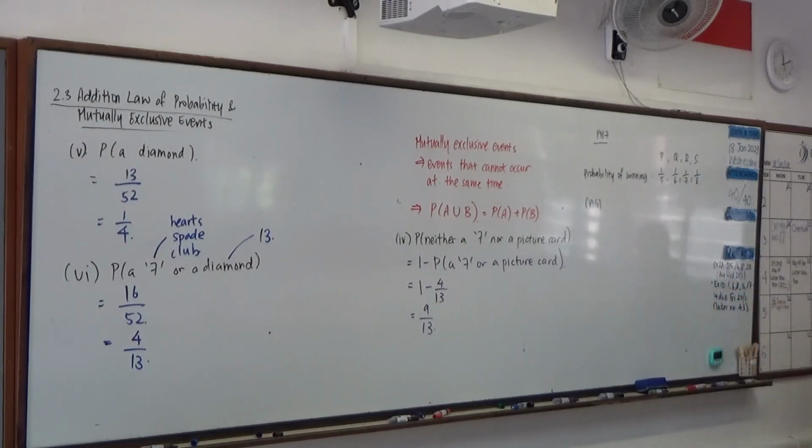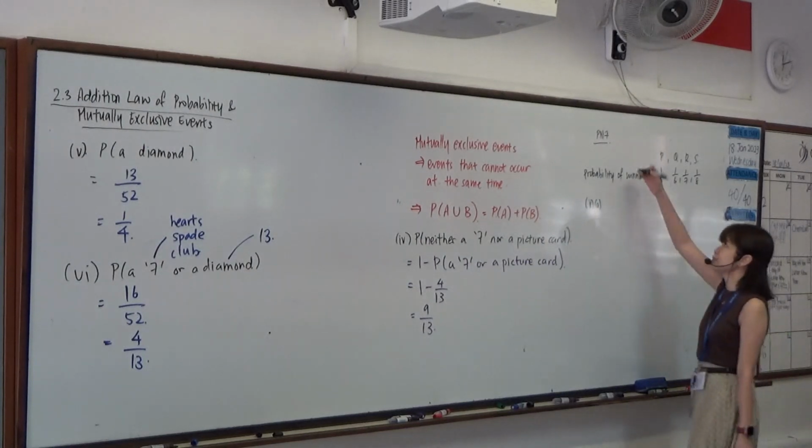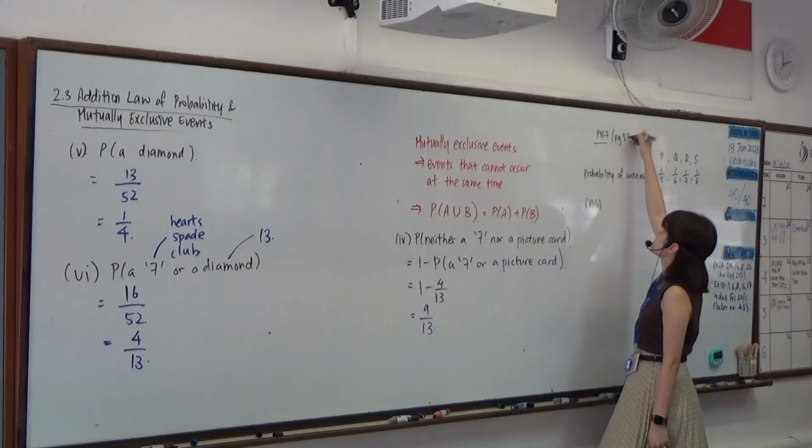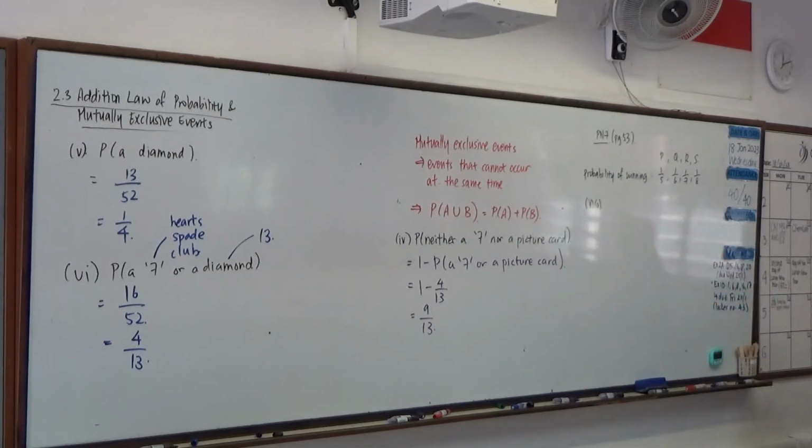Let's start with something simple first. Looking at practice now 7, that's in your textbook, page 53. So there are 4 teams, P, Q, R, S, vying for the National Volleyball Championship.